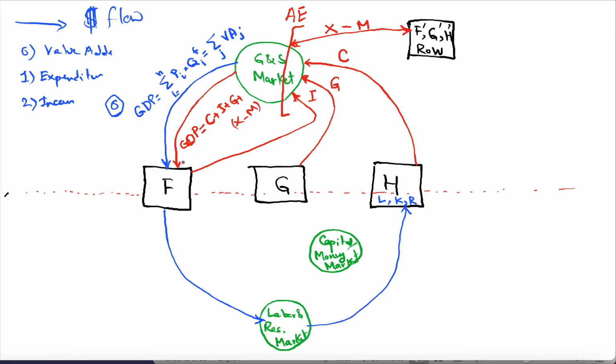And the income approach is also easy. So it's where the land, labor, and capital are being offered through the input market to here. So it is basically labor. Sorry, let me change the color.